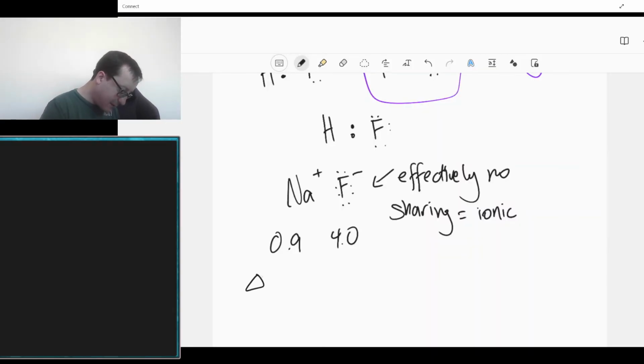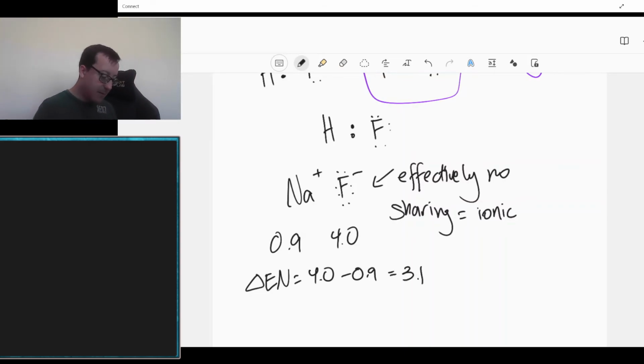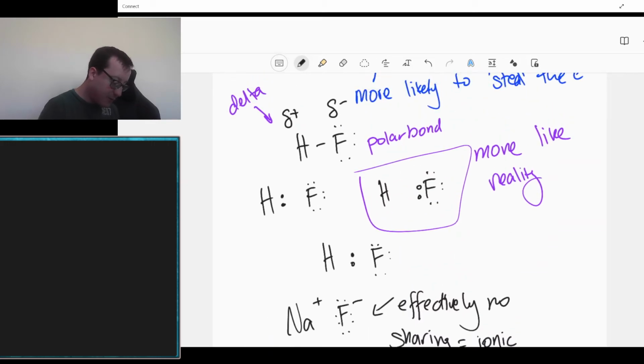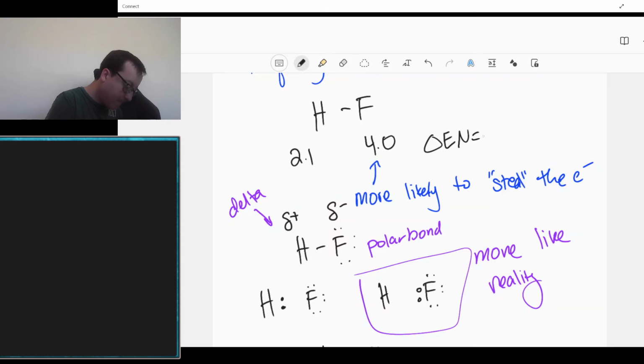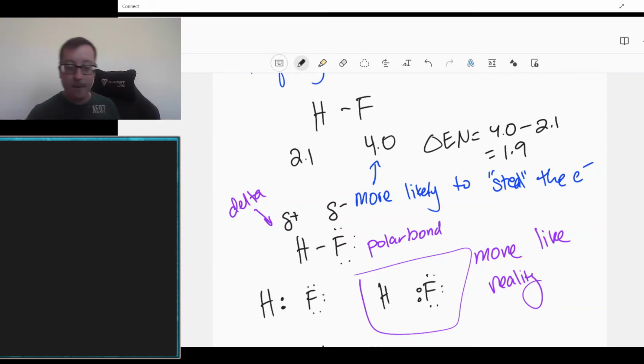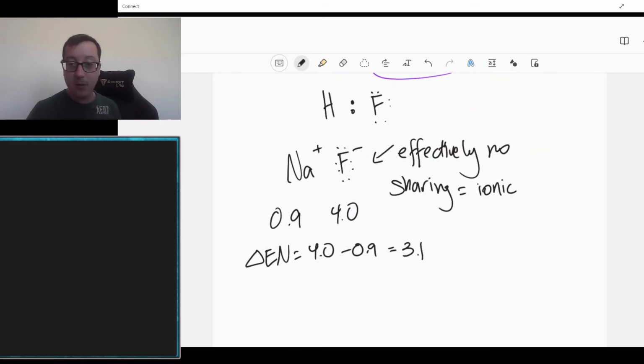We see the difference in electronegativity is much bigger than the difference was here. The difference in electronegativity is 1.9 for HF. For NaF, it's 3.1.